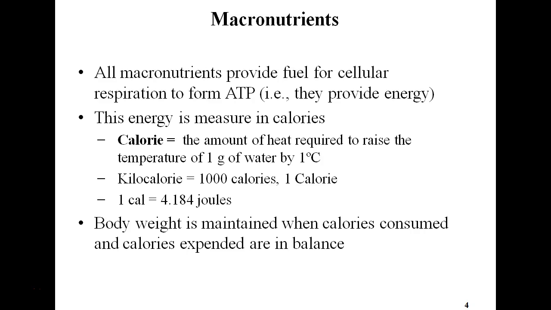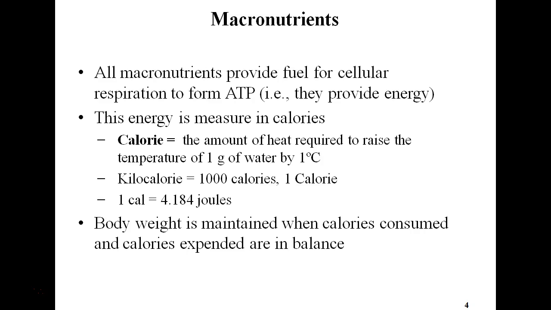This energy is measured in calories, and we define a calorie as the amount of heat required to raise the temperature of 1 gram of water by 1 degree Celsius. Then we add a prefix when we say kilocalorie. That prefix kilo means 1,000, so a kilocalorie is 1,000 calories.